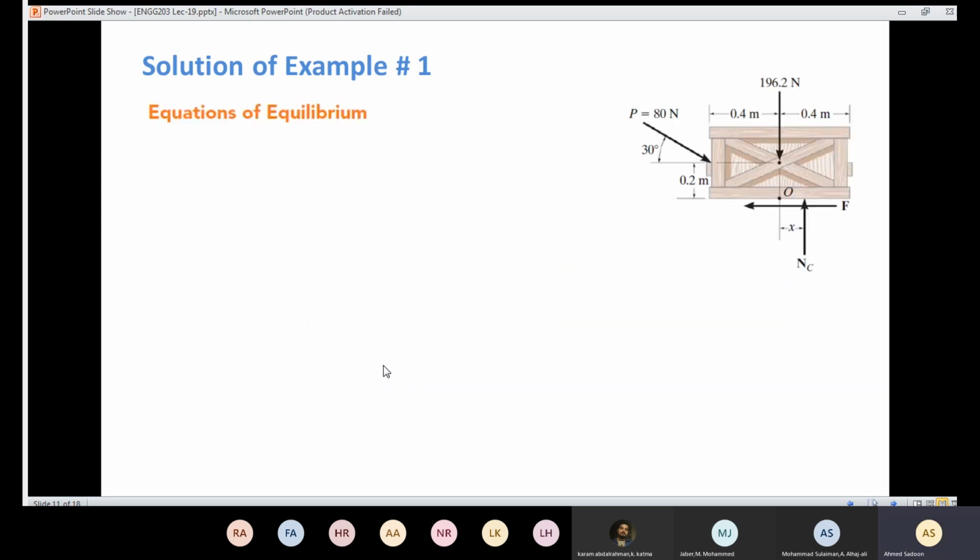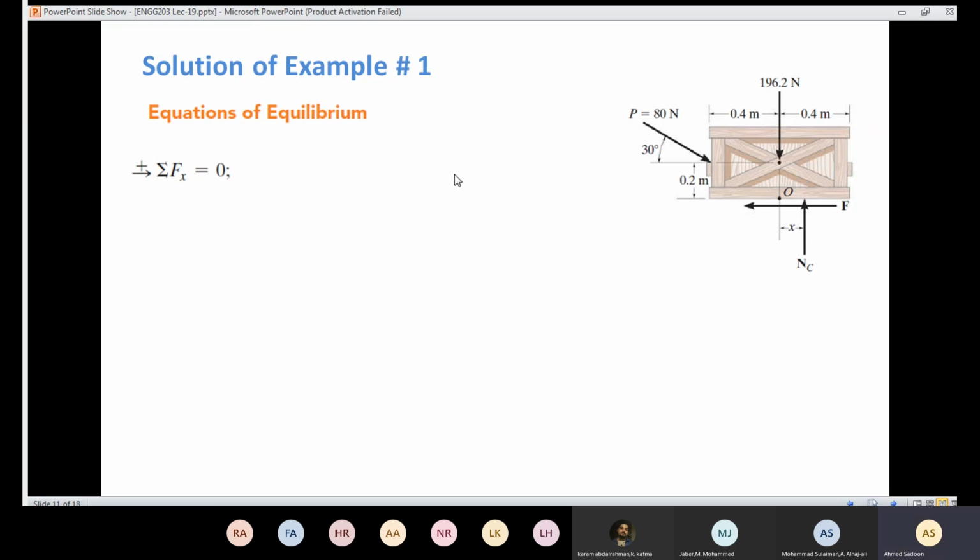So now I'm going to apply the equations of equilibrium. I have at most 3 unknowns. I'm going to start with the first equation: the summation of the forces in the x-axis should equal 0. In order to do that, I need to decompose that force into x and y. In x it is going to be 80 cosine 30, and in y it is going to be 80 sine 30.